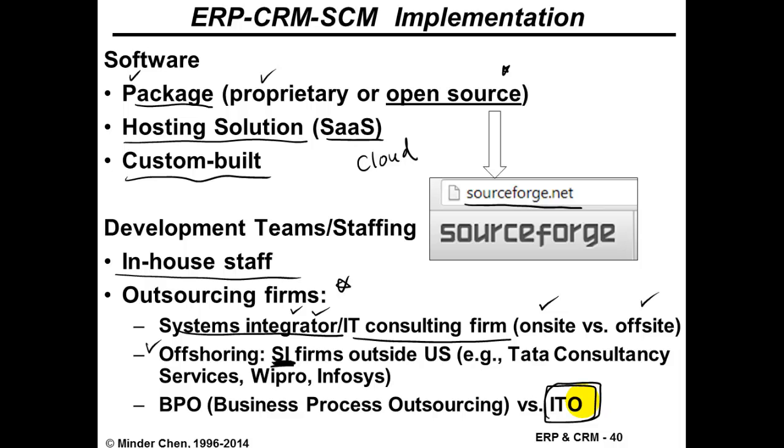But in the outsourcing business, there's also something called business process outsourcing, which means you can outsource your call center to outside firms to take the phone calls and answer customer questions, and customers may not know that it's an outsourcing firm doing it.